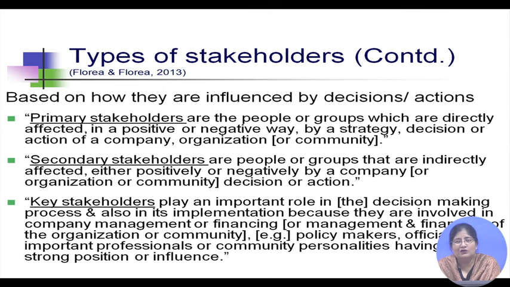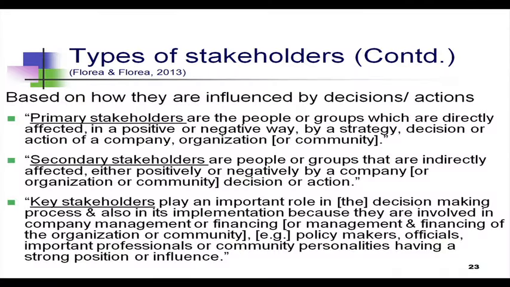So in that way, the primary stakeholders here are the actual employees who are working in the organization. The secondary stakeholders are the families of these employees who are affected because somebody from their family is directly being affected, or the community around the organization or around the physical setup of the company.